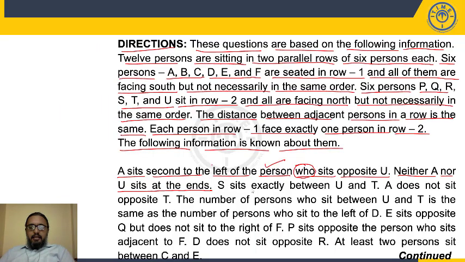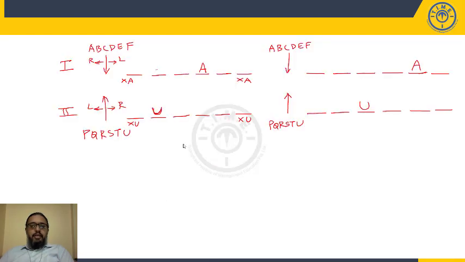Okay. Then S sits exactly between U and T. Okay. And he says A does not sit opposite to T. Okay, S should be exactly between U and T and A does not sit opposite to T. So wherever A is in the opposite position, you cannot have T. But S should be exactly between U and T. Now in that case, I can rule out S here in the first possibility.